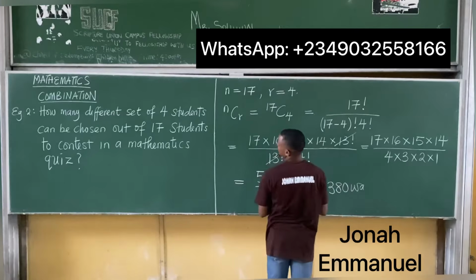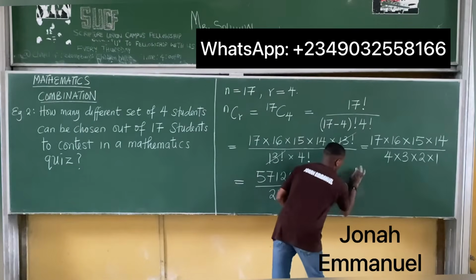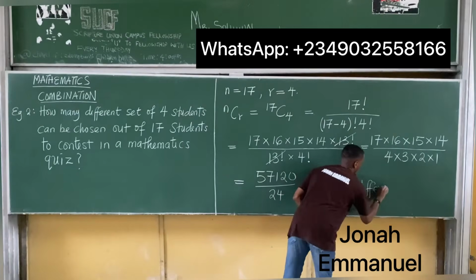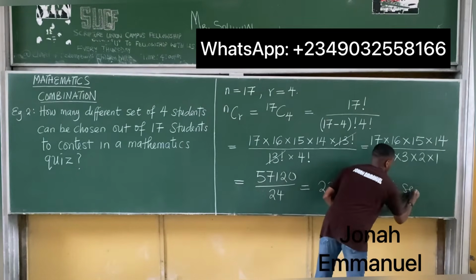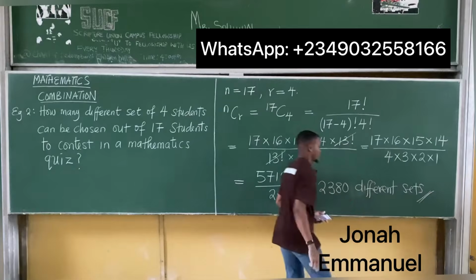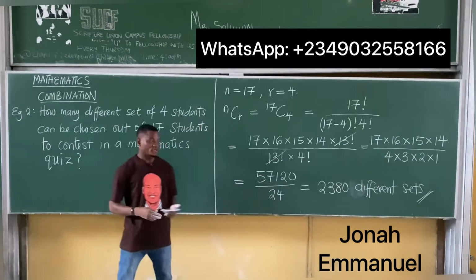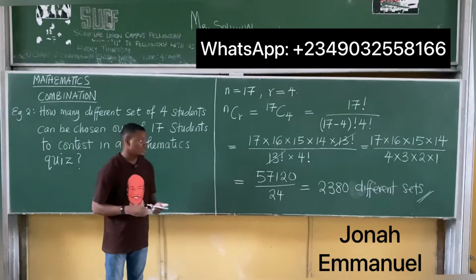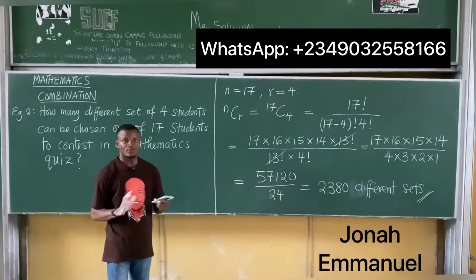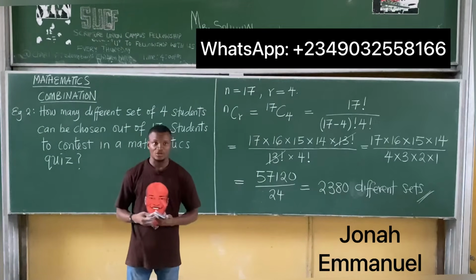I said how many different sets? So 2380 different sets. All right, so my answer is 2380 sets. So this is how combination works.